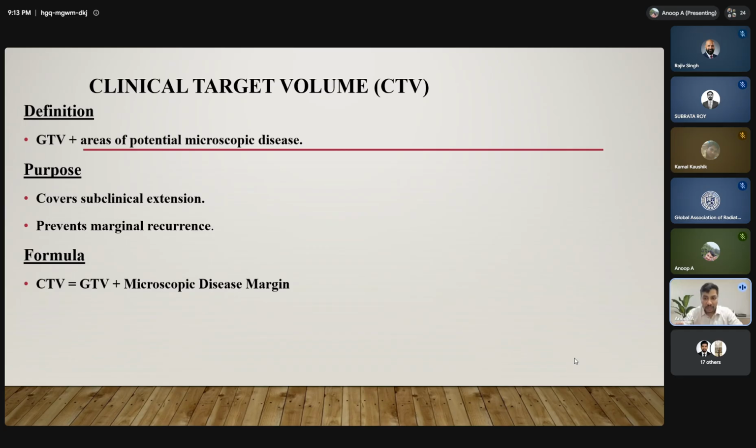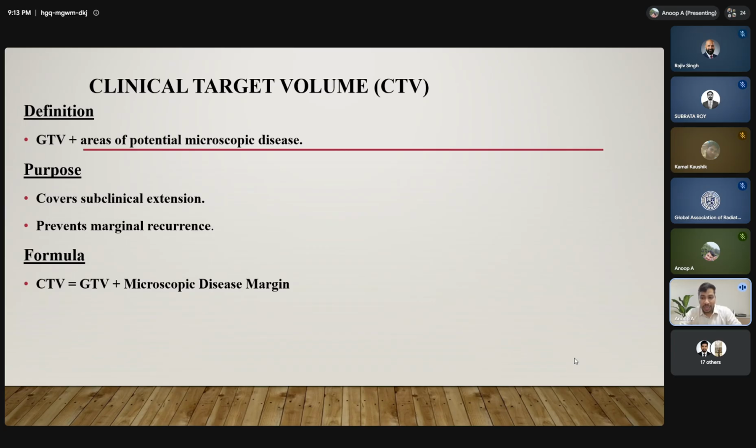It struggles to cross dense tissues like bone, cartilage, or thick muscles. If a tumor is resting against a bone, the doctor will crop the CTV margin so it doesn't extend into the bone, knowing the cancer likely stopped there.